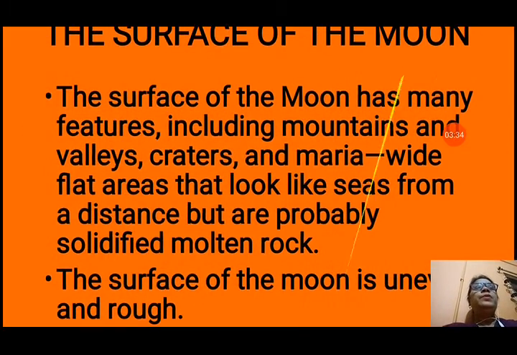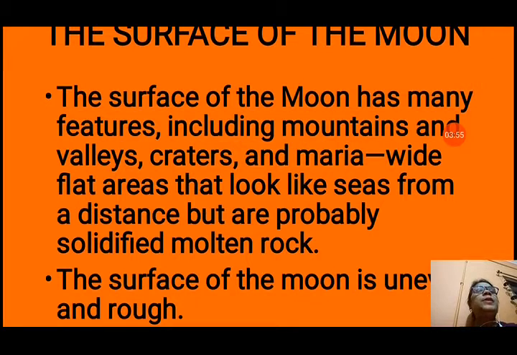Now next we will see the surface of the Moon. The surface of the Moon has many features including mountains and valleys, craters and maria, wide flat areas that look like seas from a distance but are probably solidified molten rock. So the Moon's surface is not even, it is rough.